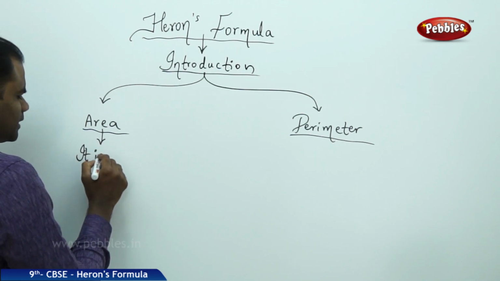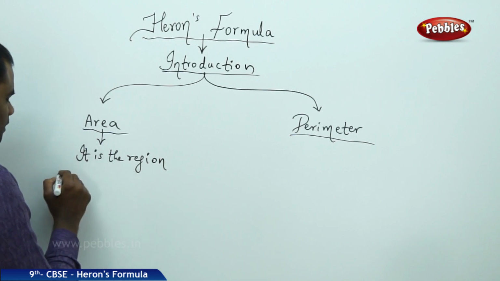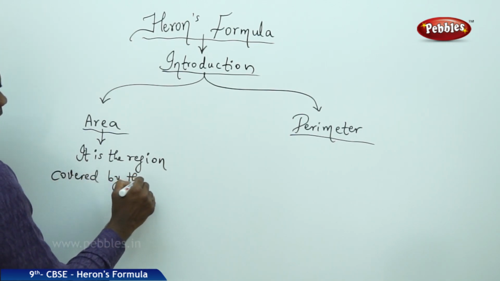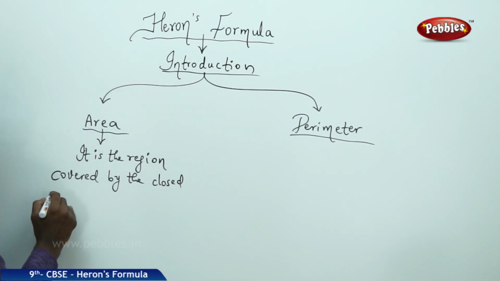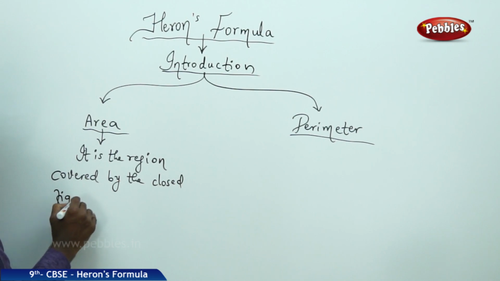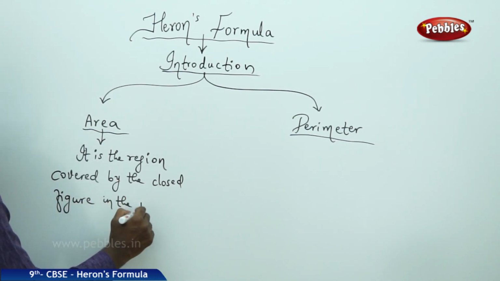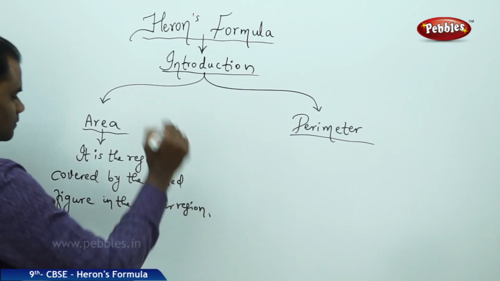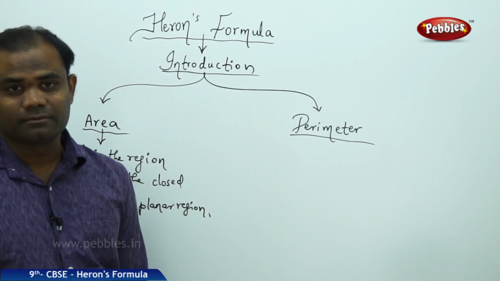Area is defined as the region covered by the closed figure in the planar region. It is the region covered by the closed figure in the planar region.